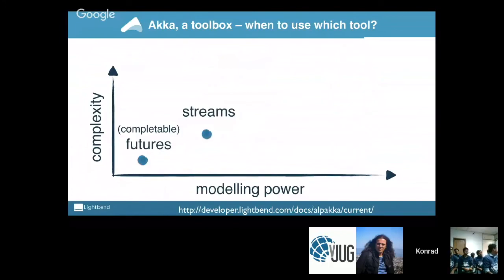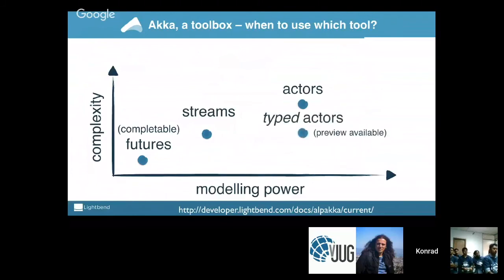It starts to have more of a life cycle. You need to dance around things like completion, termination of them, etc. But they can model more stuff. They can model infinite streams of data, etc. Then actors, they can model a lot of stuff.